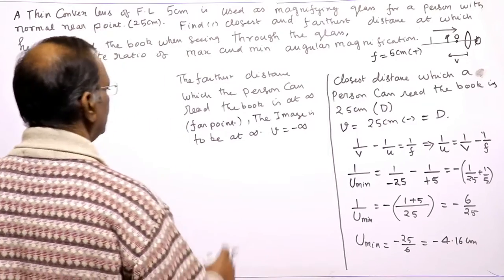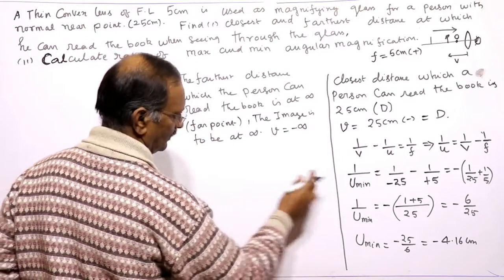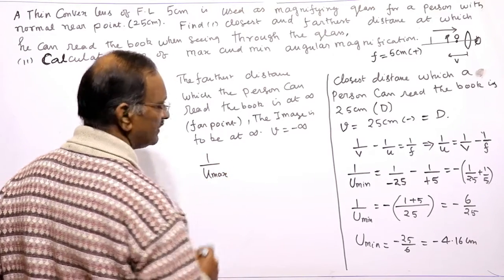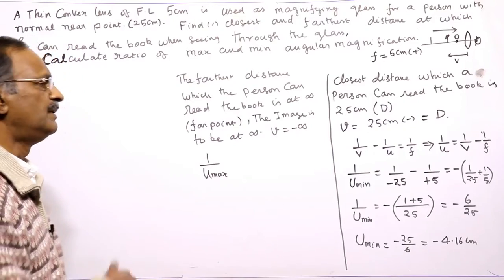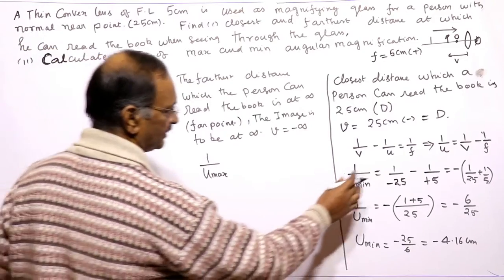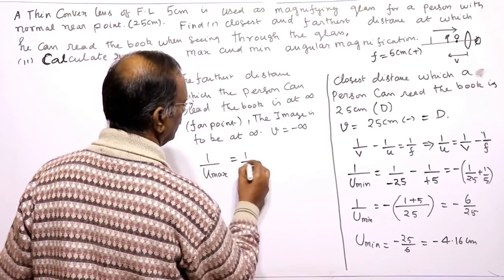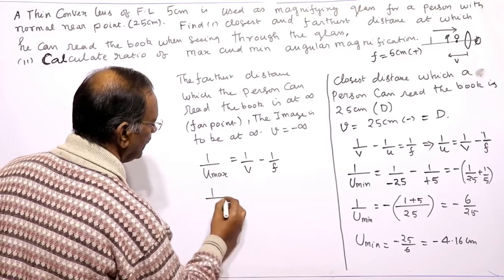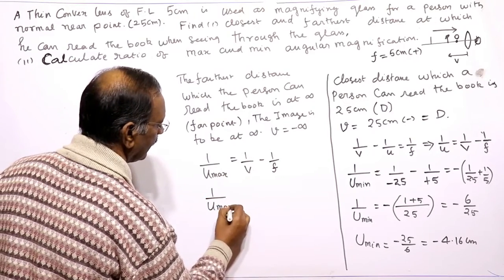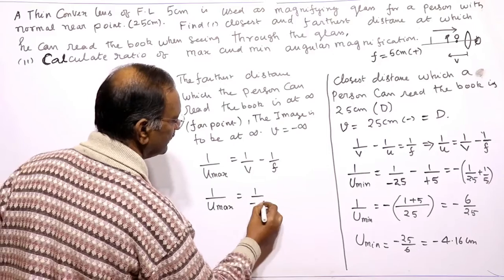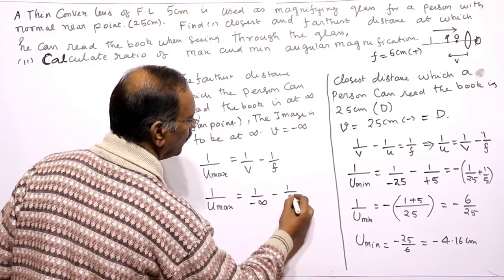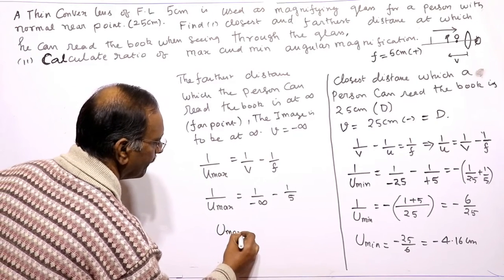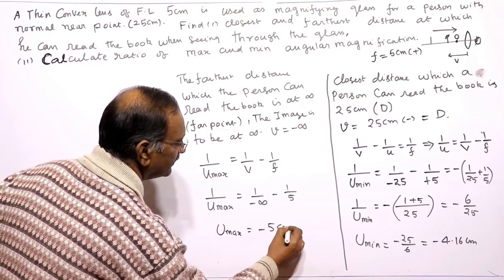Putting this in the formula, since the image is formed at infinity, the object distance will be the maximum distance. 1 by U max is equal to 1 by V minus 1 by F. So 1 by U max is equal to 1 by V, V is minus infinity, minus 1 by 5. 1 by infinity is equal to 0. Therefore, U max is equal to minus 5 centimeter.